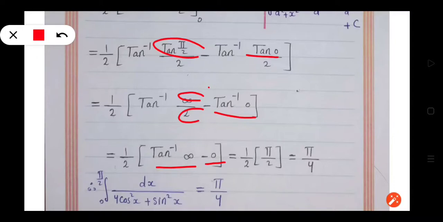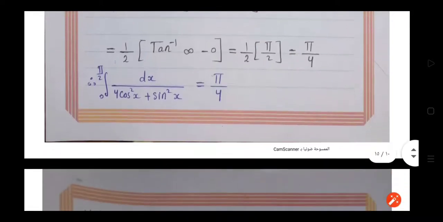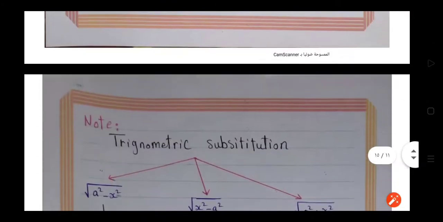We're searching for the angle whose tan gives infinity. It's pi over 2 times half, which equals pi over 4. Now we proved that the definite integral from 0 to pi over 2 of dx over 4 cosine squared plus sine squared equals pi over 4.